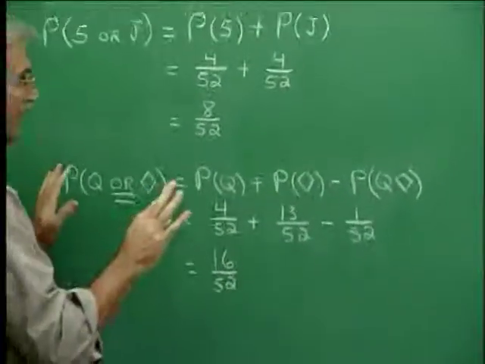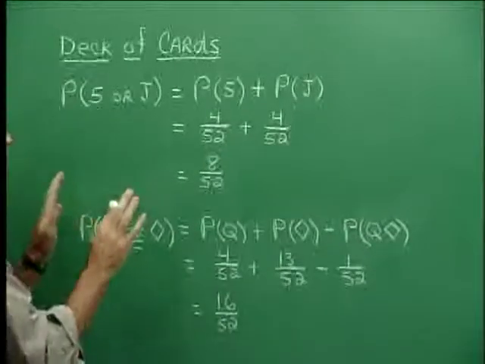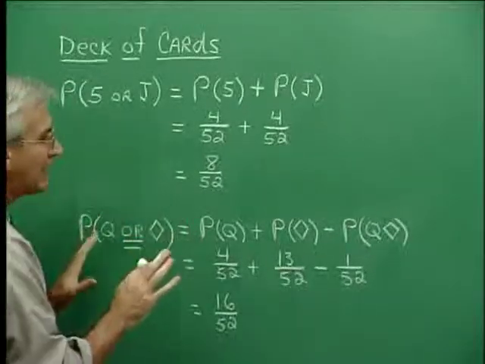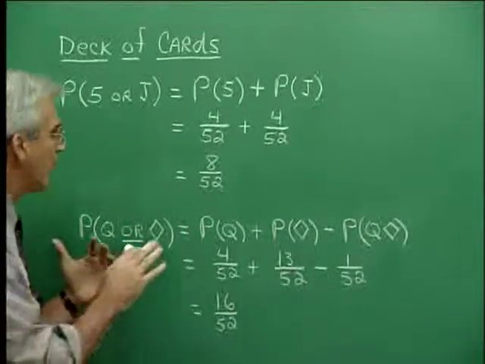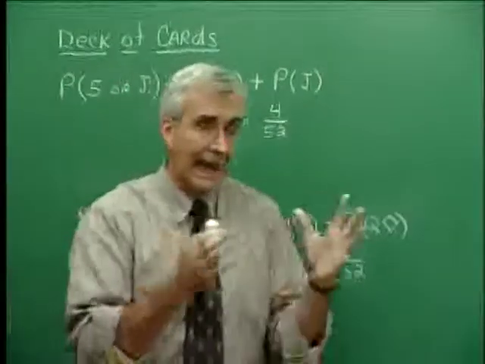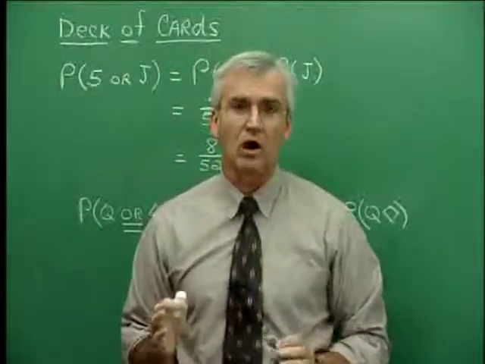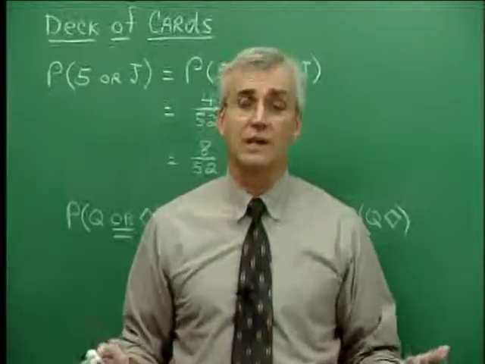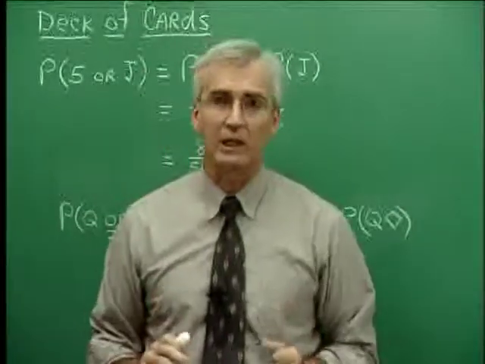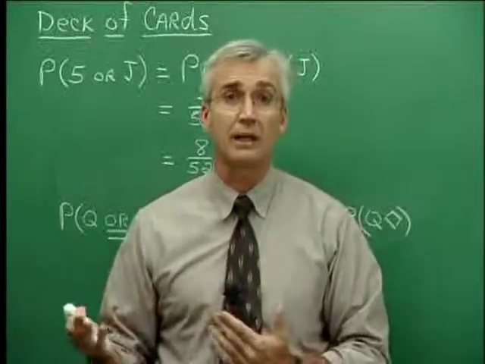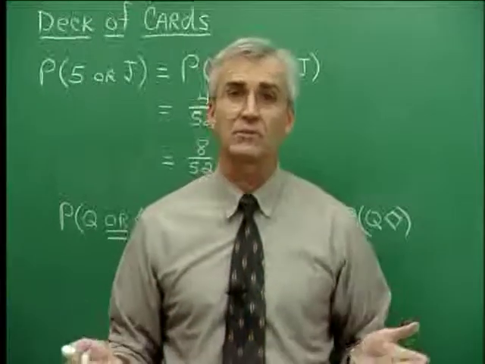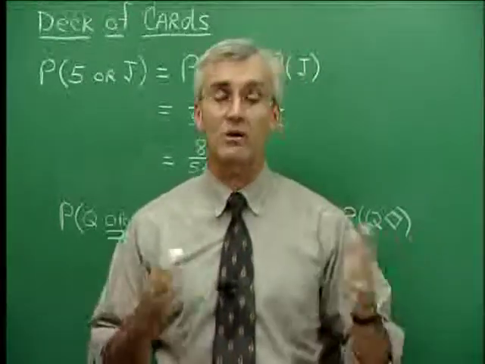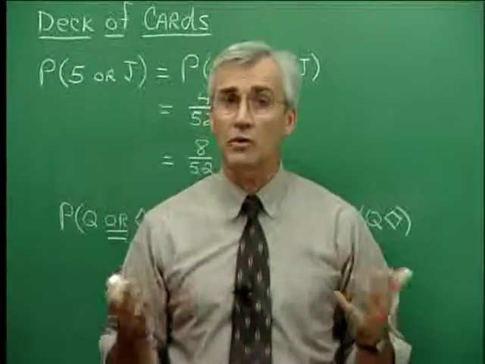Okay. Now, we can extend the idea of adding probabilities when we use the word or, by just saying that in all cases, let's just add separate probabilities and subtract the probability that they both happen at the same time. Then we don't have to worry about whether or not the events are mutually exclusive.